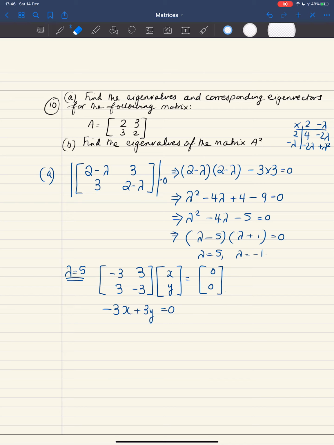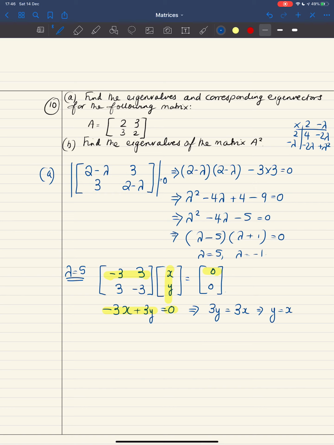Both equations will give the same thing, and the other equation, multiplying out, will give exactly the same, so I'm not going to do it now. This means that 3y is 3x, so y equals x.